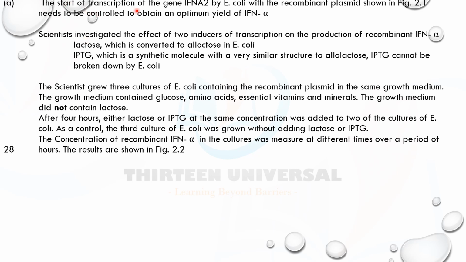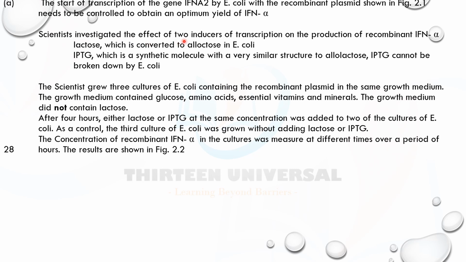The start of transcription of gene IFNA2 by E. coli with the recombinant plasmid shown in Fig 2.1 needs to be controlled to obtain an optimum yield of IFN alpha. So we need to control this to obtain the optimum yield of this protein.